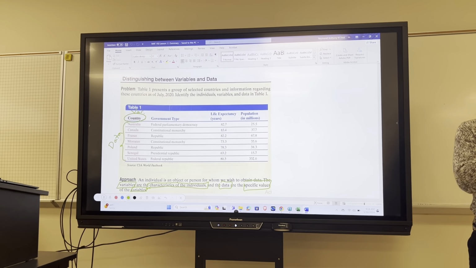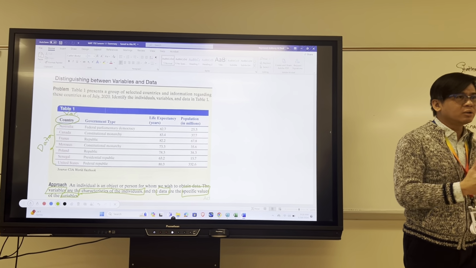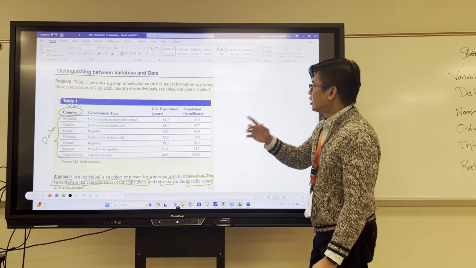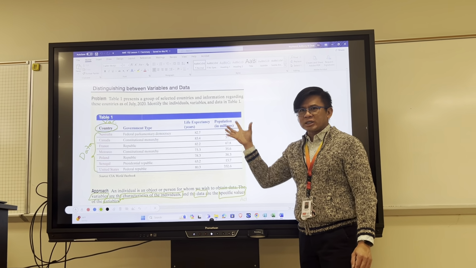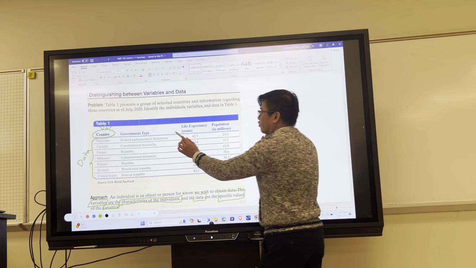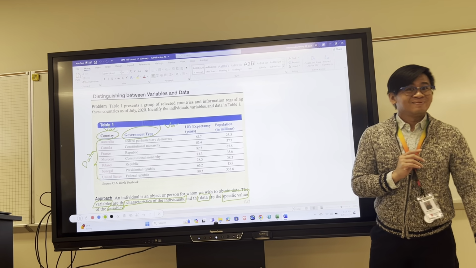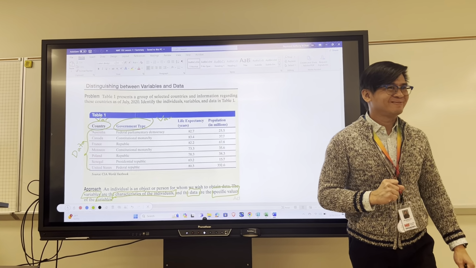Okay. Can you give me another example of a variable, or a characteristic? Yes, types of food. That's correct. But on this table, can you give us a variable? Type of government, right? So that's a variable as well. Can you give us one data regarding type of government?